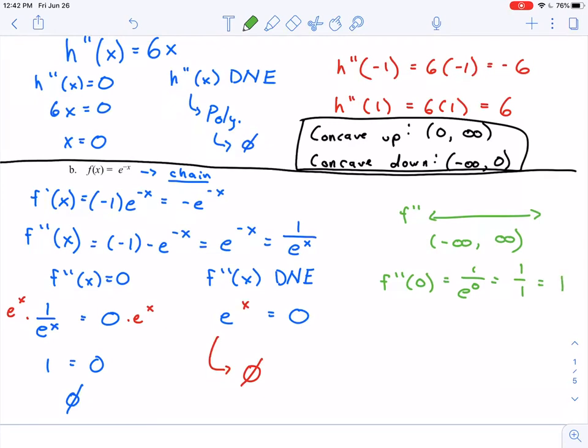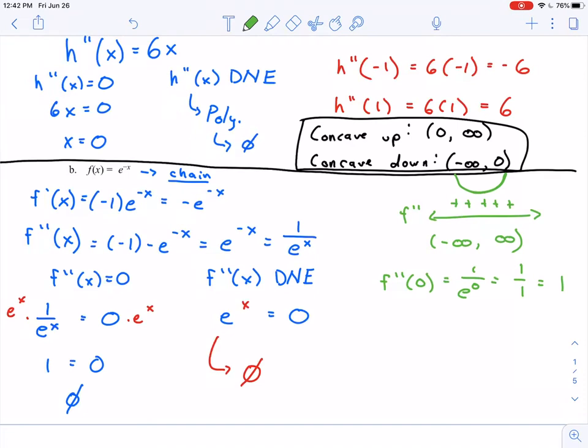So, okay, what does that mean for us then? We have a positive 1, which means my second derivative is always positive. If my second derivative is always positive, then the graph of f is always concave up.